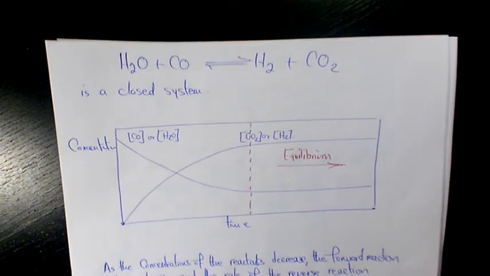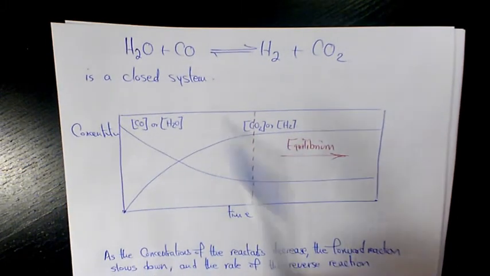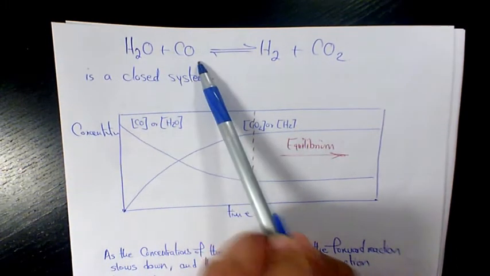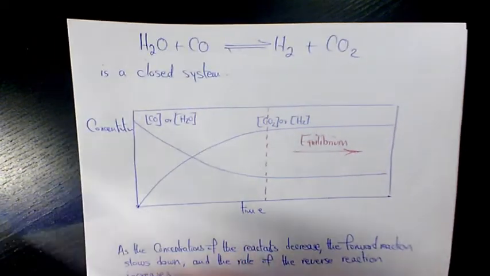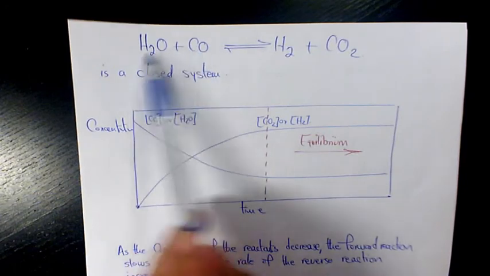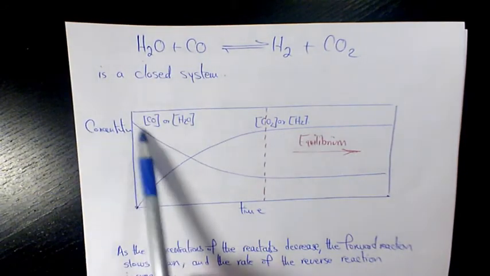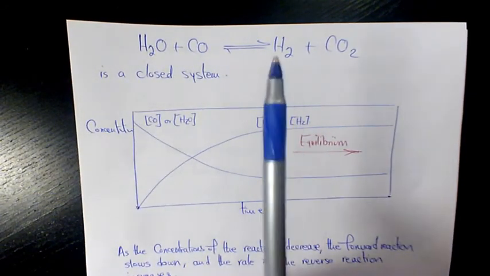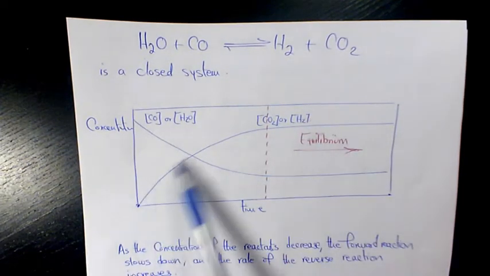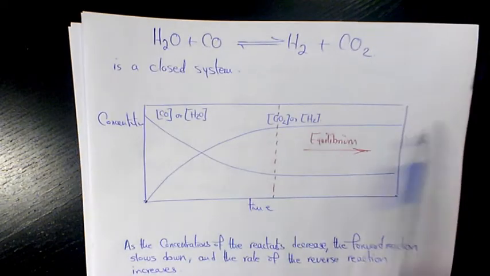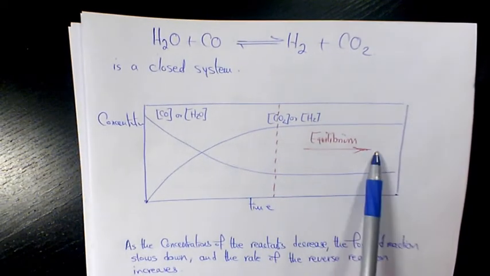For example, we have this chemical reaction: H2O plus CO gives H2 plus CO2 in a closed system. As soon as we start, the concentration of these two reactants is decreasing over time, and the concentration of the products, which are H2 and CO2, is increasing until we get to the equilibrium condition.